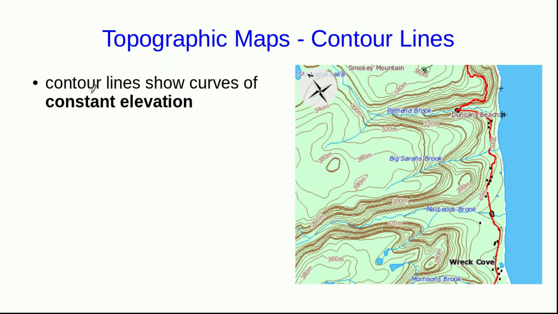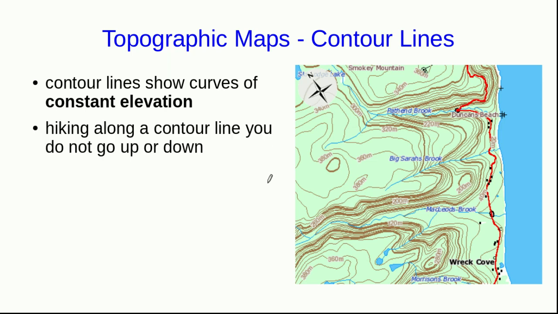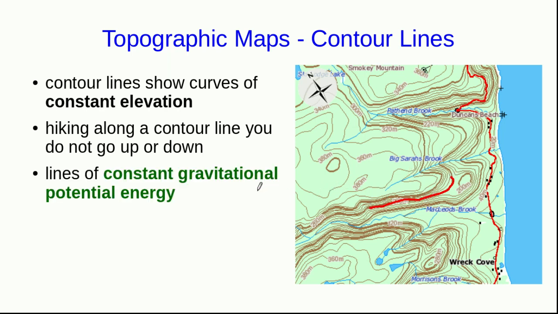So a contour line on a map shows a curve of constant elevation. In other words, if I were to start somewhere on this line, which is labeled 200 meters, and hike along it, then I would be hiking at a constant 200-meter elevation. I would not be going uphill or downhill as long as I followed the contour line.